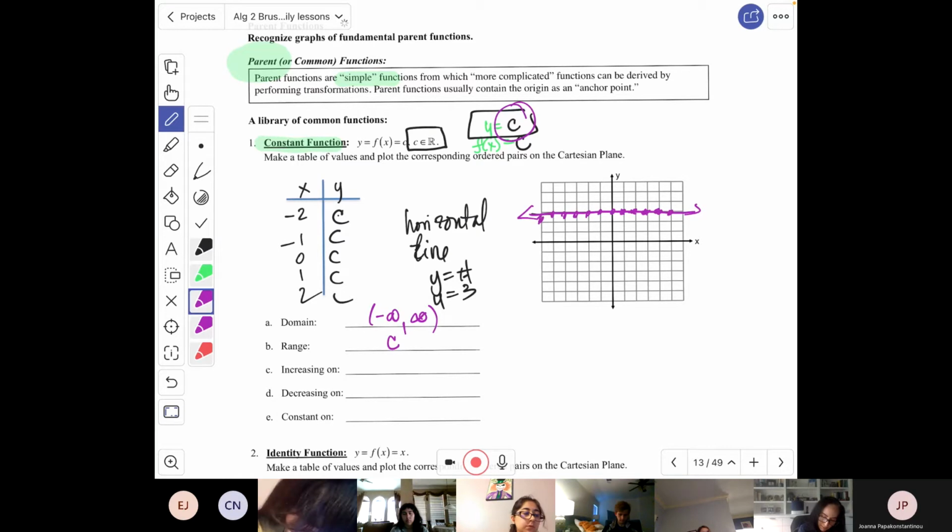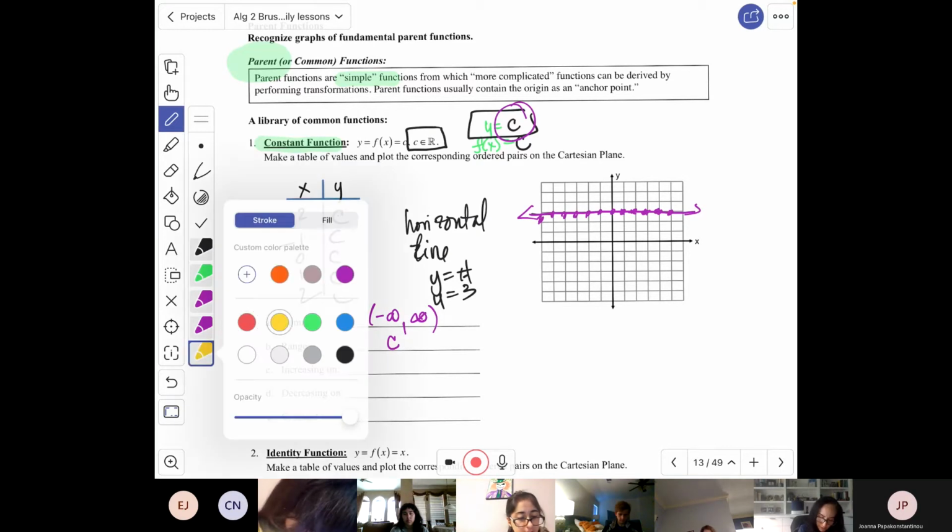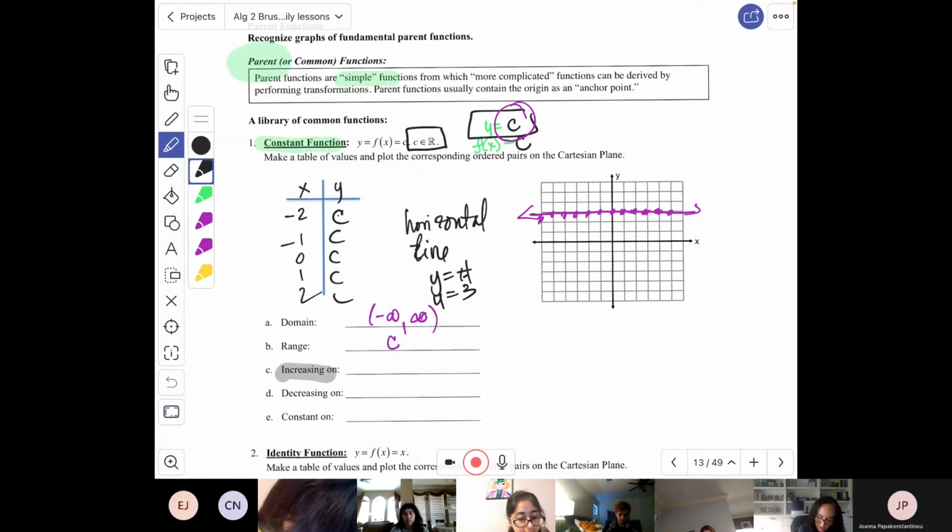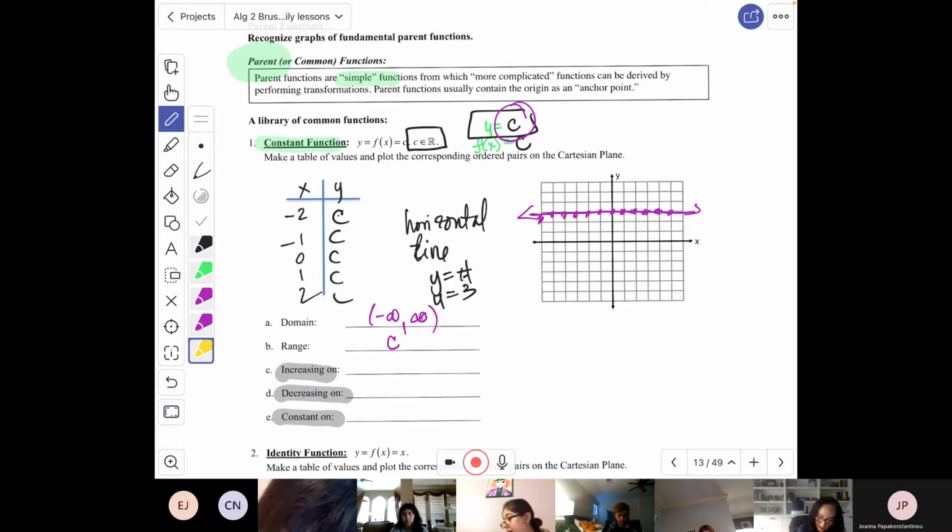Okay, now let me ask you this. Are you familiar with what it means for a function to be increasing, decreasing, and constant? Have you heard those terms? No, you haven't? Okay. A function is said to be increasing if it rises left to right.